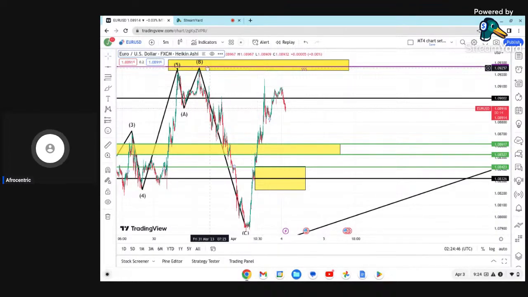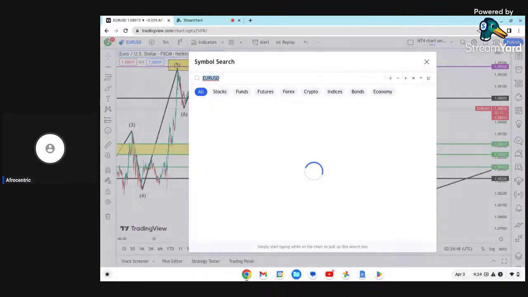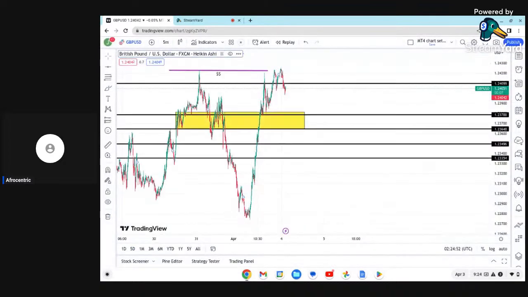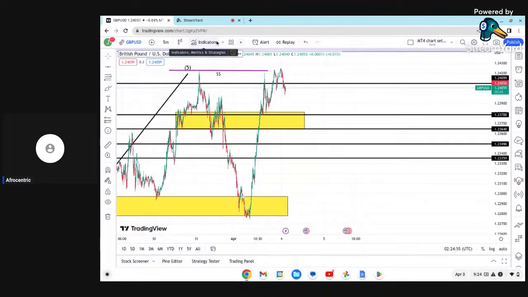So I don't know if I'm blue on G. I didn't even check. It looks like GBPUSD might hit this price point, but EURUSD, I'm blue on that.